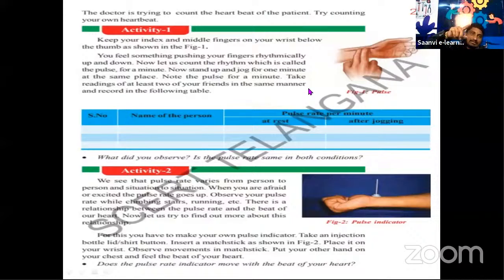Your index finger is this, and the middle finger. Both fingers you can take and keep on your wrist. This is the whole wrist, but you have to keep them below the thumb, as shown in the figure. And you feel something pushing you.